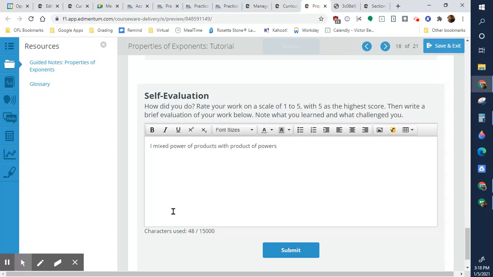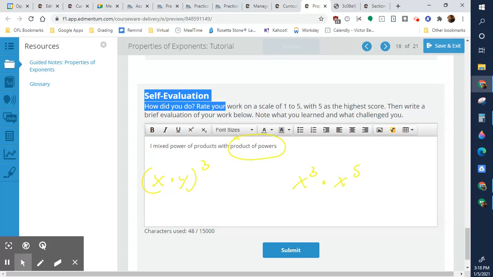And if you're wondering, because it's so confusing how to do it, power of products is when you have something like x times y to the power of 3. Product of powers is when you have something like x to the third times x to the fifth. You already have the powers. So it's very confusing, but that way anything that you're having trouble with, if you're having trouble with quotients, write that down. These are intended to help you reflect on what you're having trouble with.